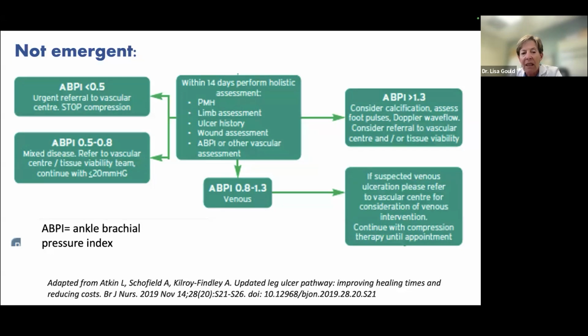They have some mixed disease, probably venous insufficiency and arterial, but they can still tolerate light compression. And then if it's normal, they probably have venous insufficiency, and you can carry on that way. If it's really high, and Foy will talk about this more, consider that they have calcifications that are keeping you from being able to compress those vessels.